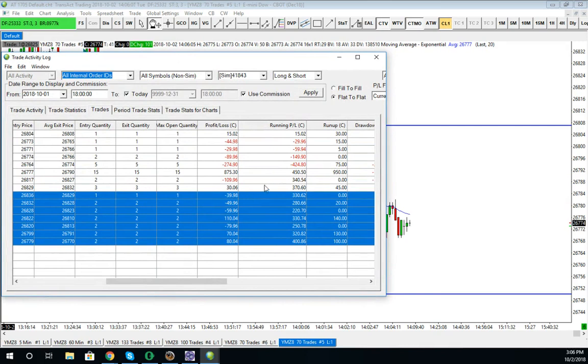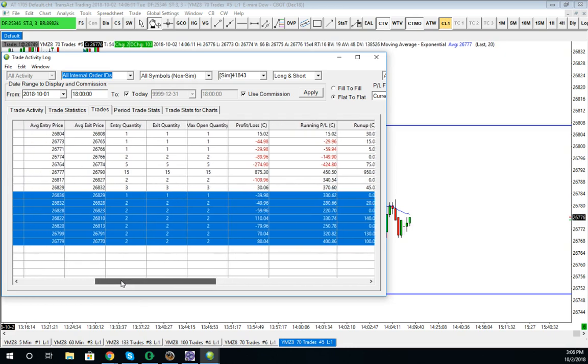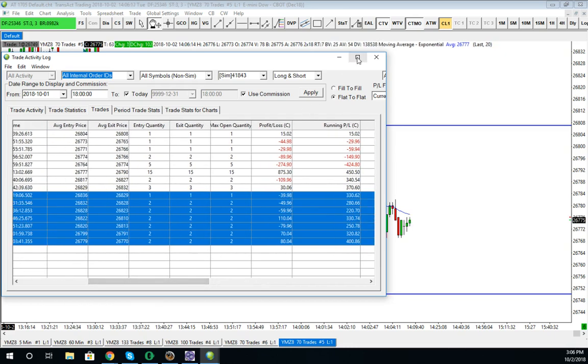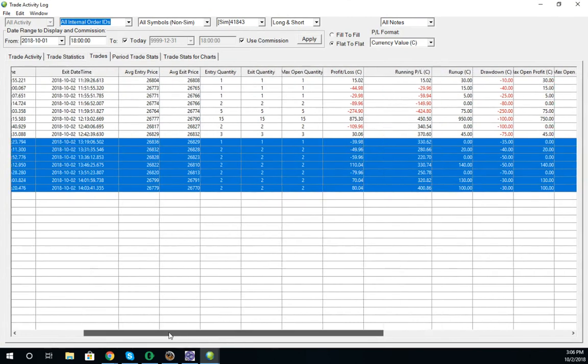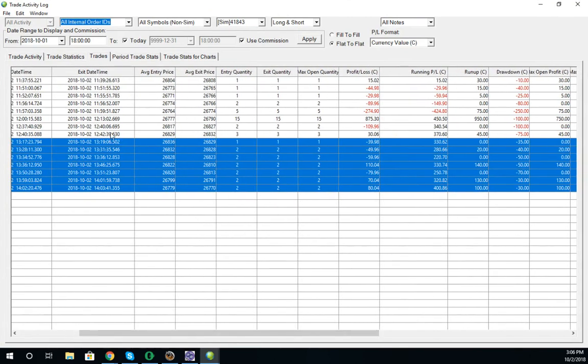Okay, the blue area is our afternoon session. This was earlier today. So this is our 1, 2, 3, 4, 5, 6, 7 trades.